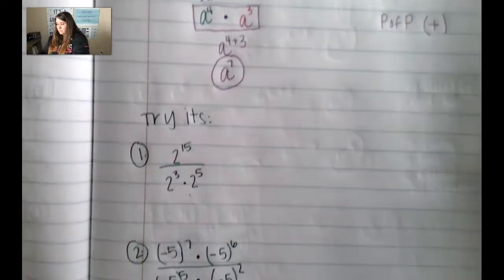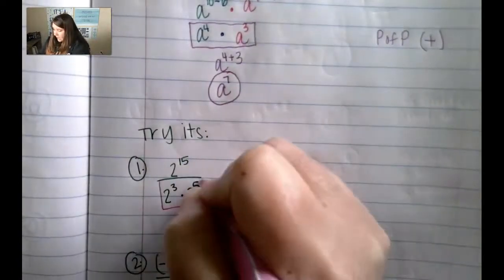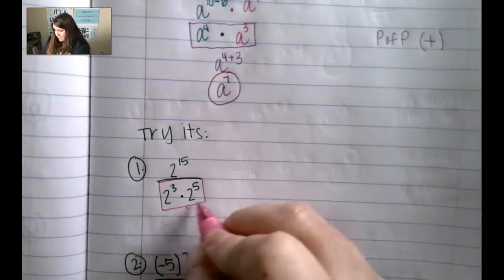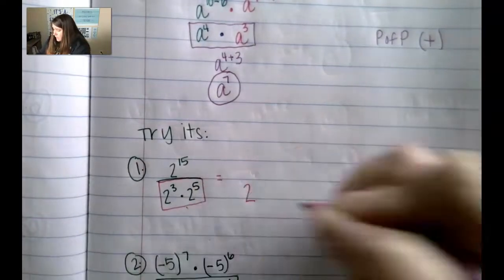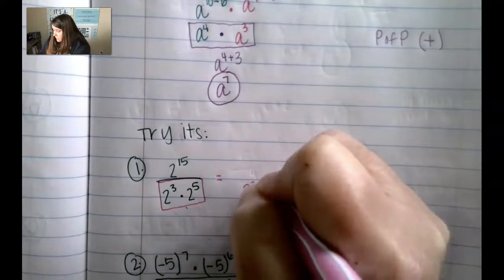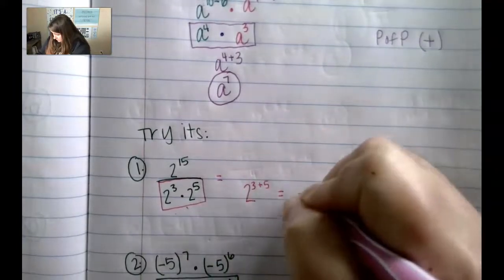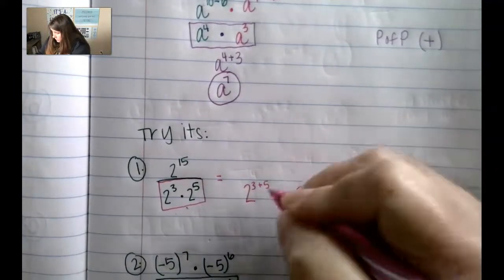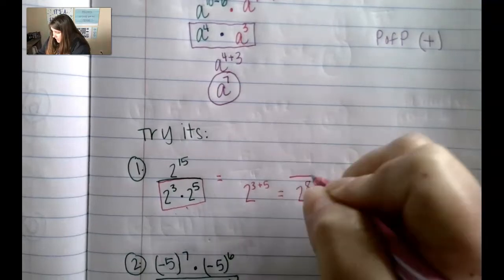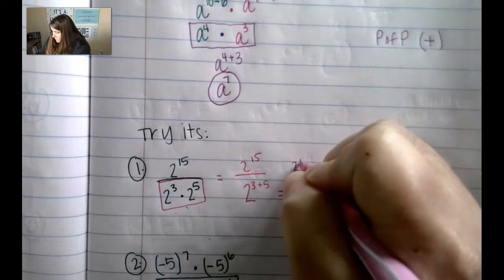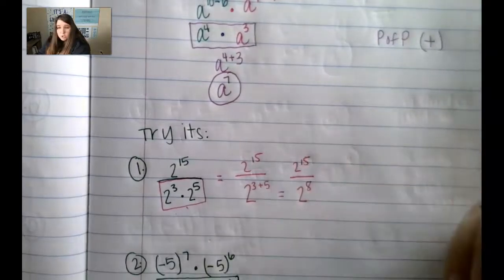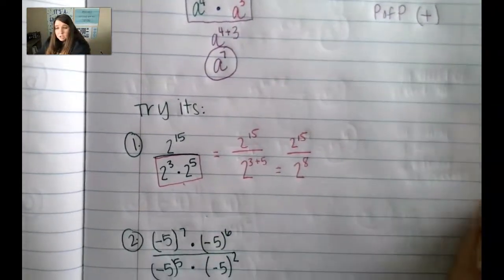All right, so the first thing I need to do here is add because they're being multiplied. So this base is 2, and I have 3 plus 5, which is 2 to the 8th, and I'm just going to keep sliding this 2 to the 15th over. Now I'm ready for quotient property because now I have division.